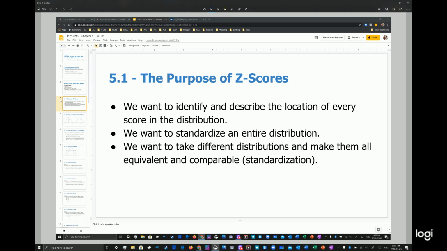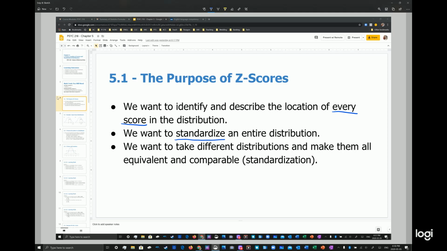Here in chapter 5, when we look at z-scores, now we're going to get every score in the distribution and find some way to describe its location in the distribution. And we measure them in standard deviations. And the word standard is going to make a connection for you, because once we do this, we'll be able to standardize an entire distribution.